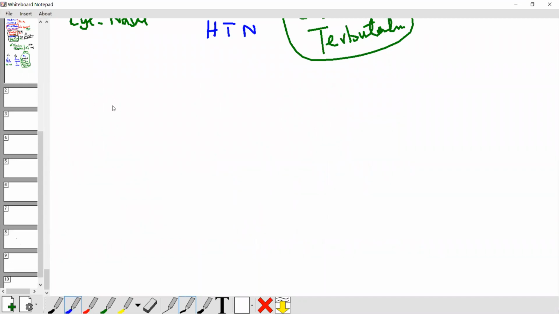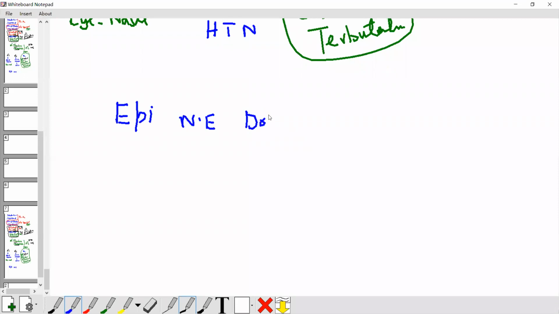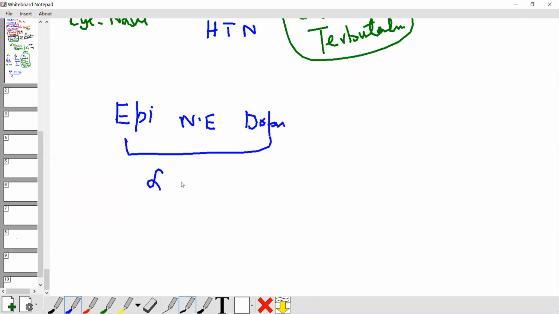The drugs going for alpha, beta, everything: which drugs? Epinephrine, norepinephrine, and dopamine. These three drugs have the ability to go for alpha, also beta, also dopamine.